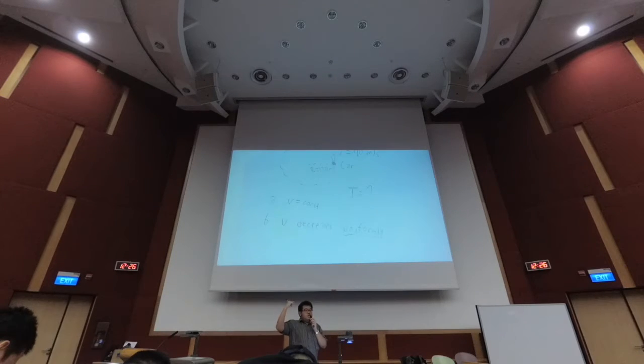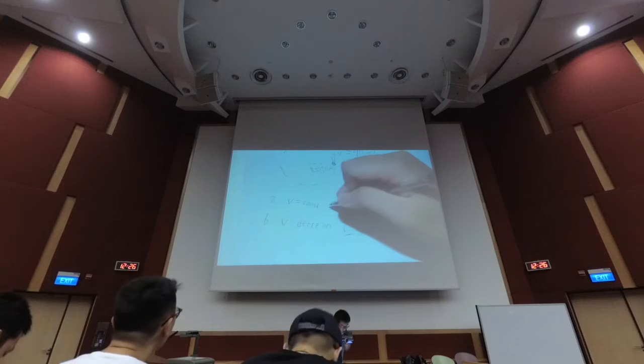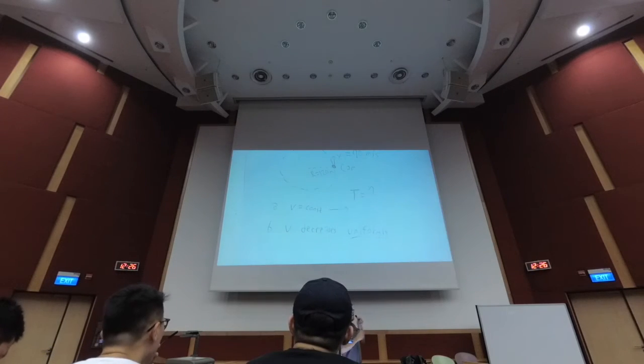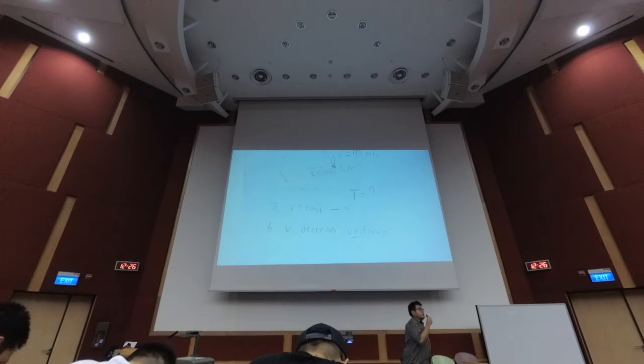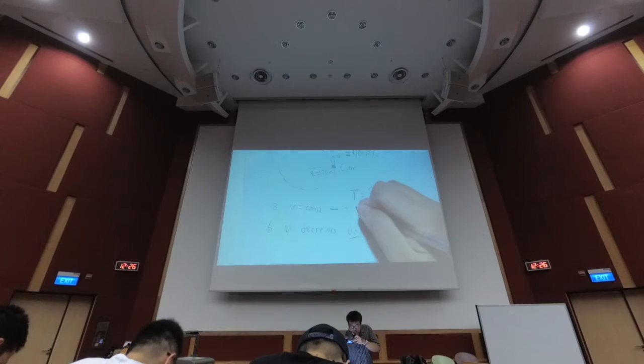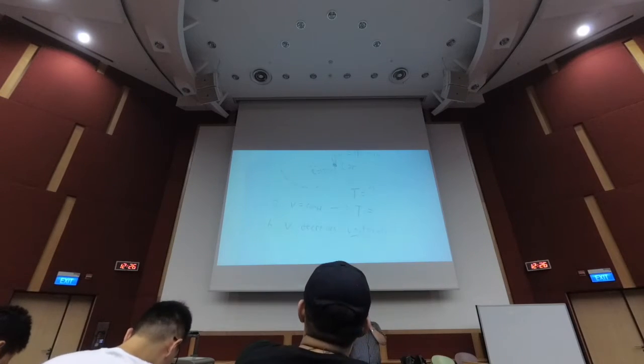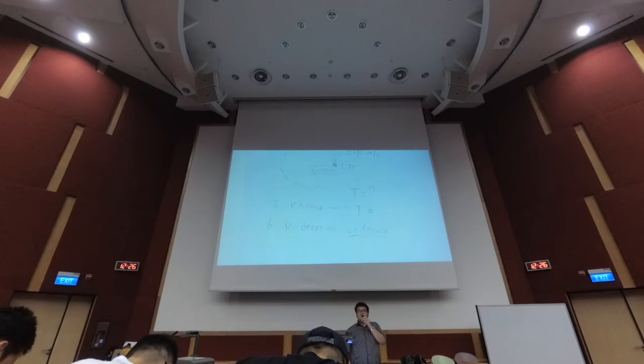For the situation where the speed is constant, it should be easy, because this is an example of uniform circular motion. If you still remember from what I just explained, for uniform circular motion, how do you find the period? What's the formula for T?